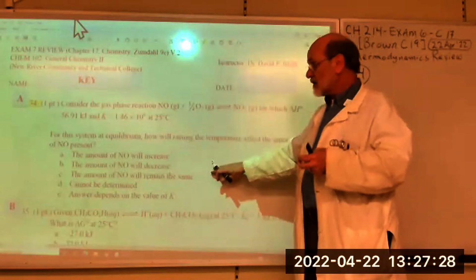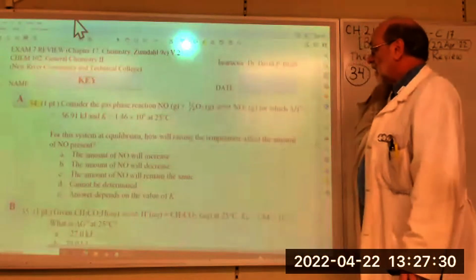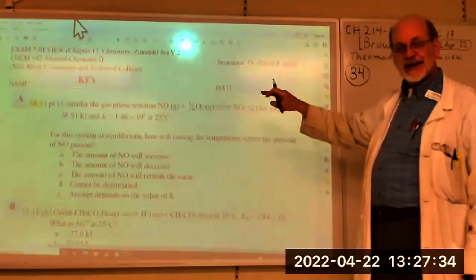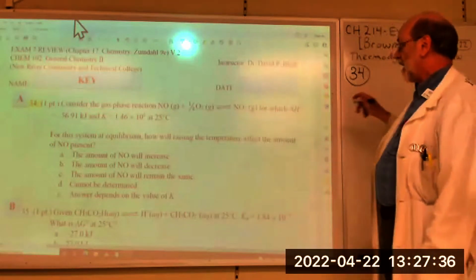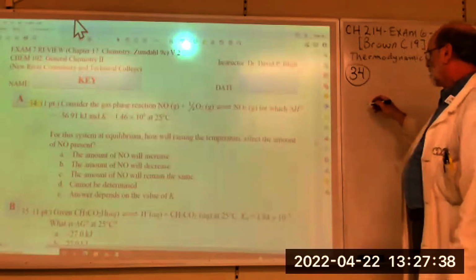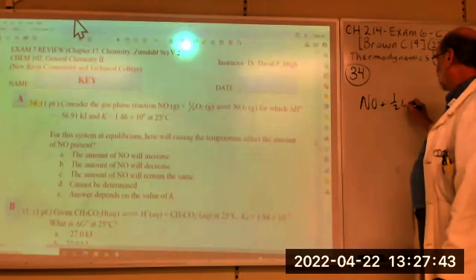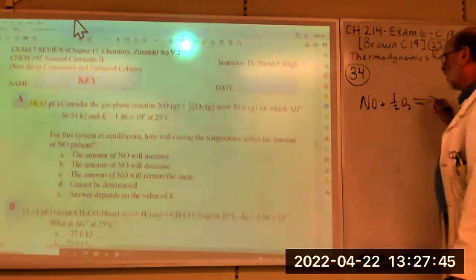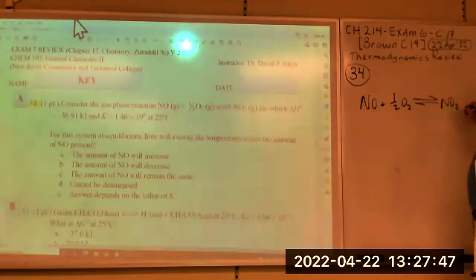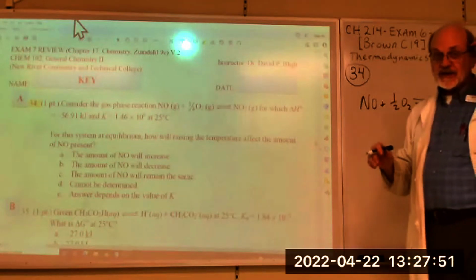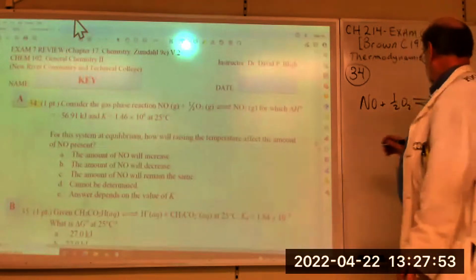But to answer this question, what you need to do is recognize that delta H is a negative value. That means, let's just write it up here. NO plus 1/2 O2 is in equilibrium with NO2. They're all gases. Delta H is negative, which makes it exothermic.